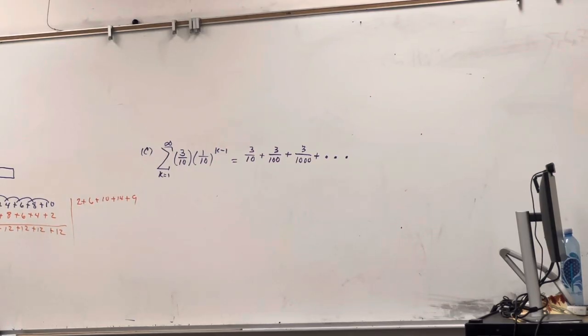Does anyone have an idea now? Oh, I see a hand going up. There are some thinkers in here. What do you think it is? 1/3. What do you think it is? Approaches 0, and I heard approaches 1/3.